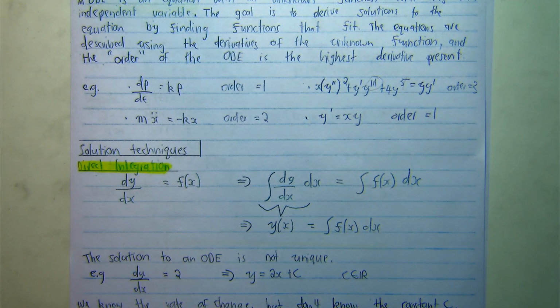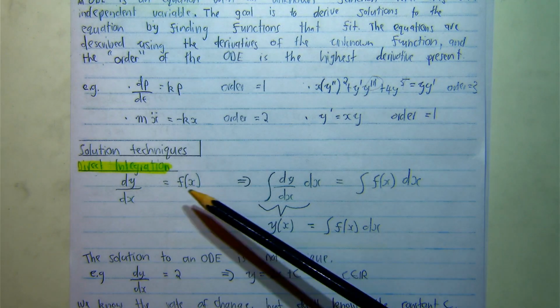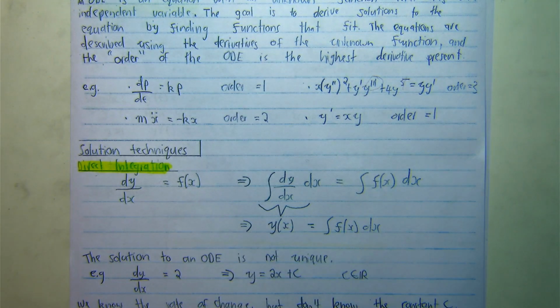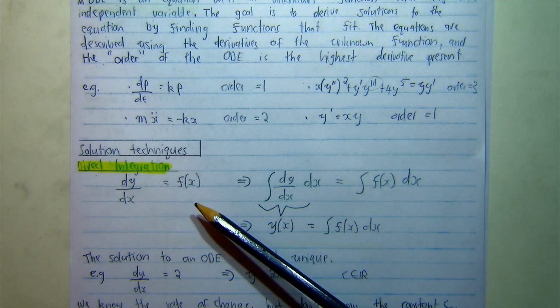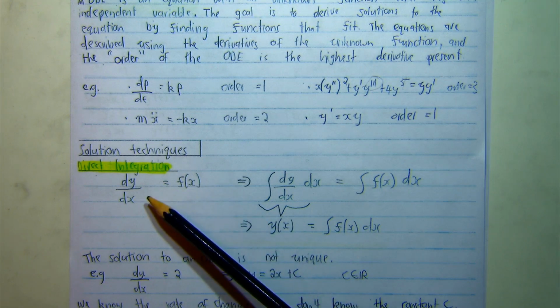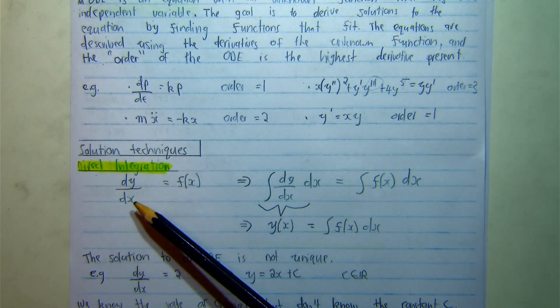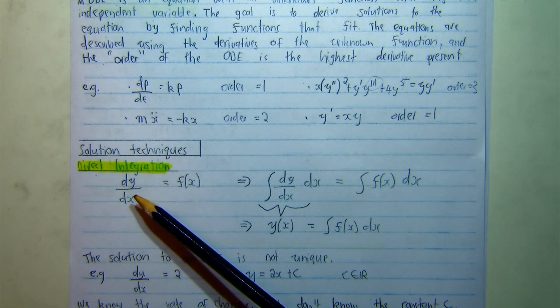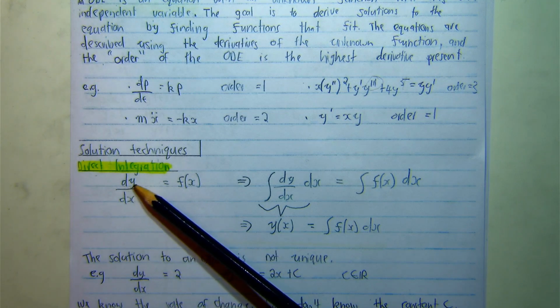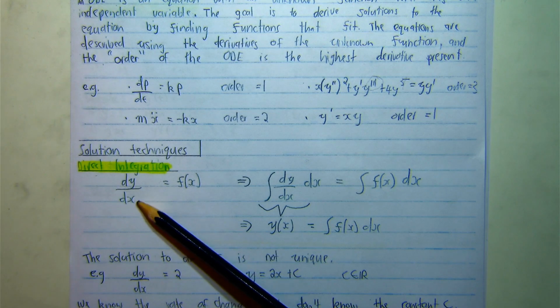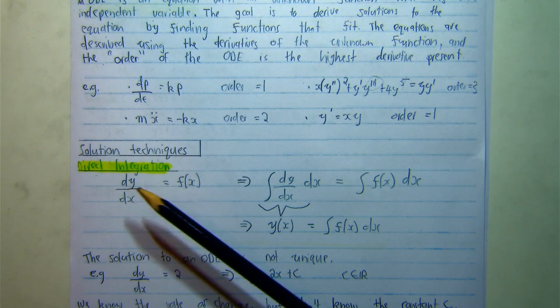And the very first one is the most simple of them all, which is just direct integration. So if you're given dy/dx is equal to f of x here, then simply find your unknown function y by integrating both sides with respect to x, and integration is the antiderivative, so that will, I suppose, undo differentiating with respect to x and just give you back your y.